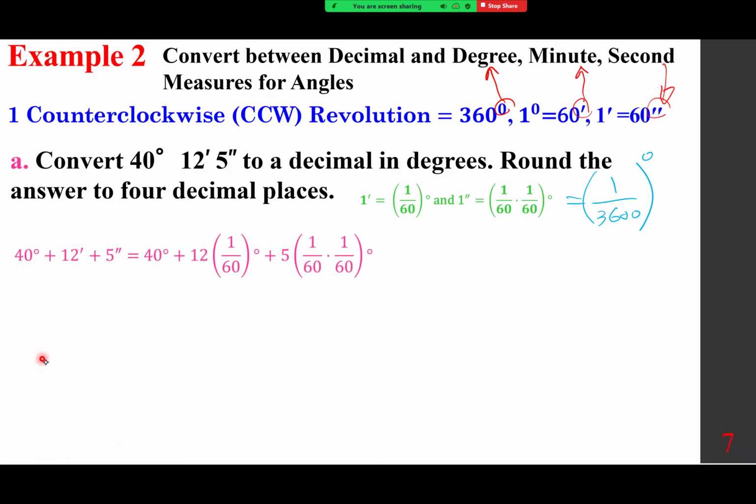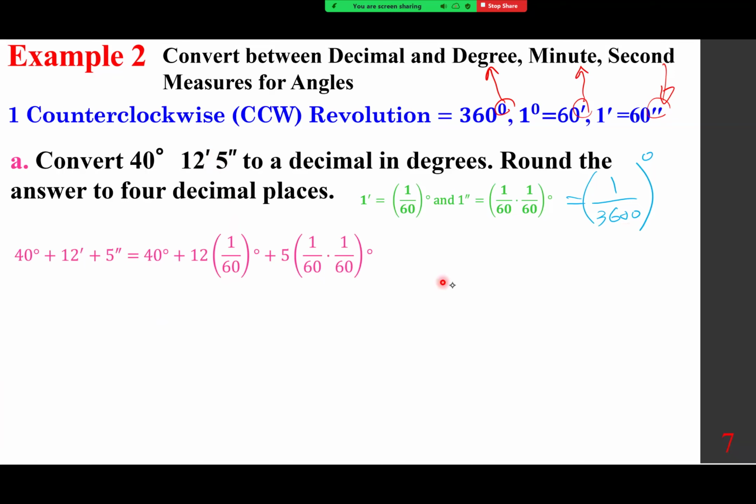So that being the case, 40 doesn't change. 12, because it's in minutes, times 1/60. 5, because it's in seconds, times 1/60 times 1/60, or 1/3600.